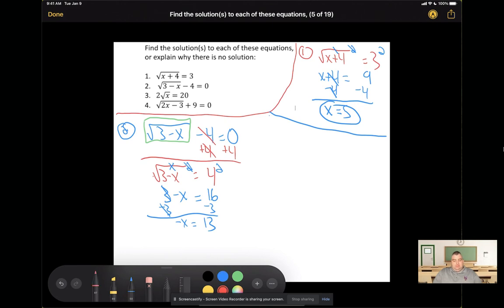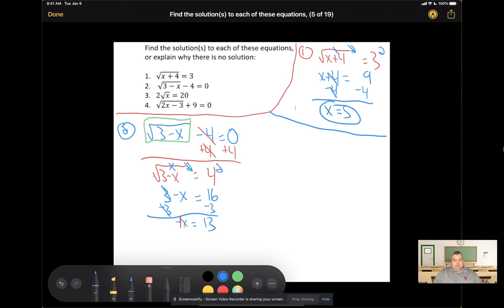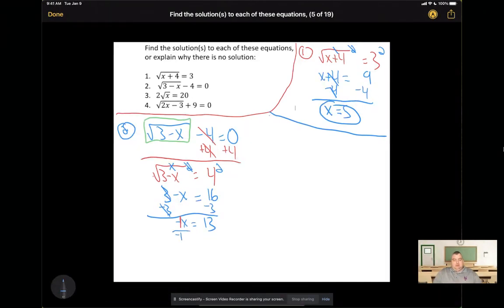To finish it off, remember this is really negative 1 times x, so I'll divide both sides by negative 1. I end up with x equals 13 divided by negative 1, which is negative 13. So x equals negative 13 is the solution to number 2.